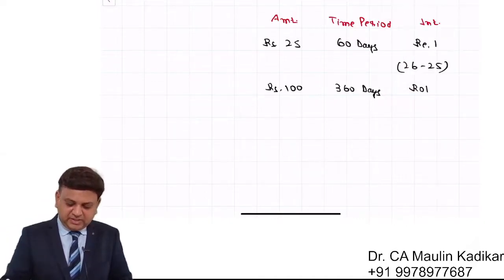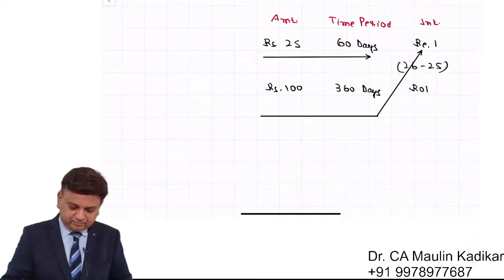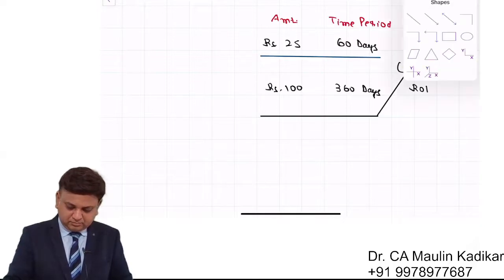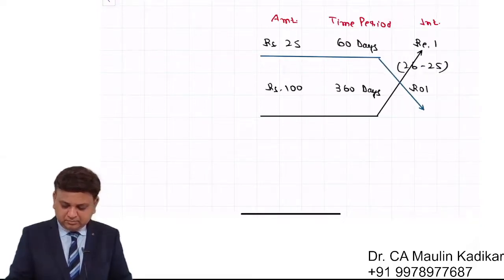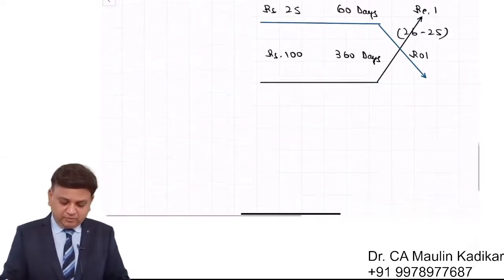So basically it goes like this. We have to multiply this by 4 and we have to multiply this by 6. This is what we have to do.